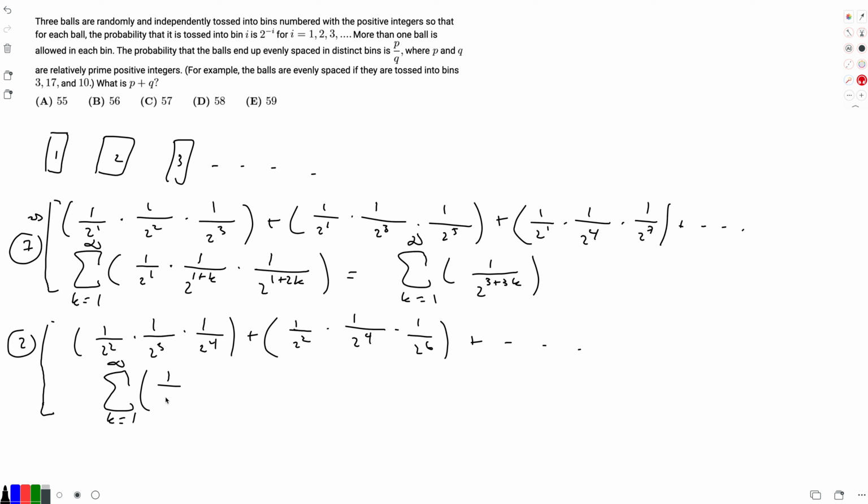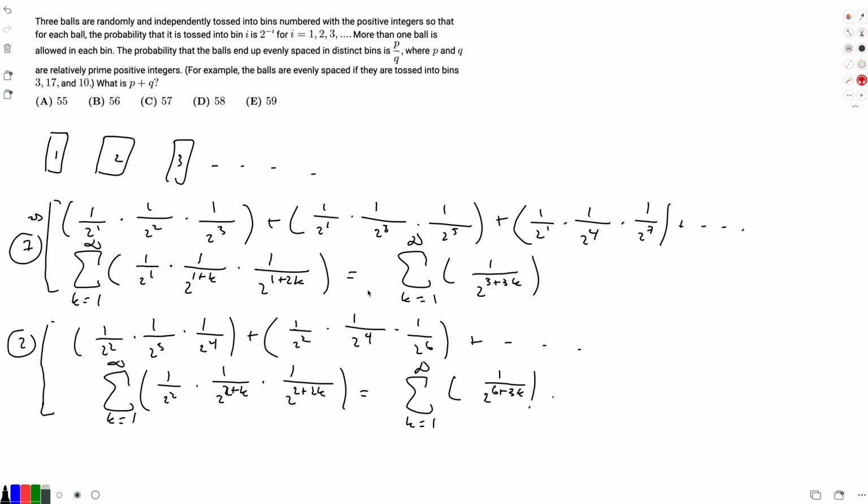We'll always have a 1 by 2 squared term, and then all we're doing again is adding a k. 2 plus k, and then we're adding a k again, so 2 plus k or 2 plus 2k. And then again, making this more compact, we get summation k equals 1 to infinity of 1 over 2 raised to the power 6 plus 3k.